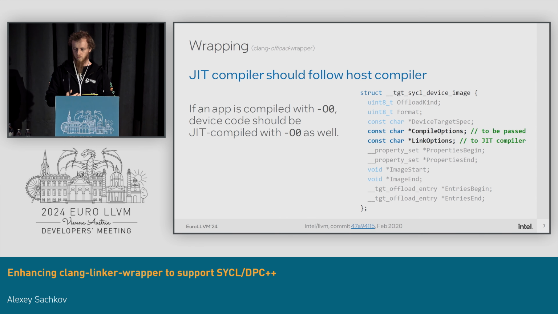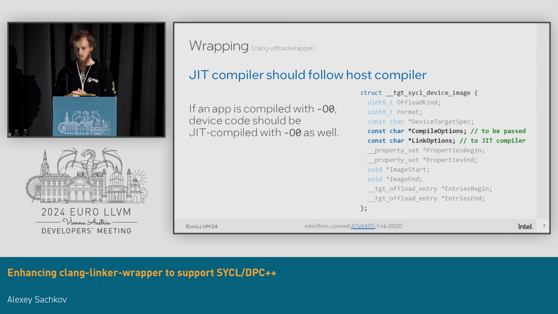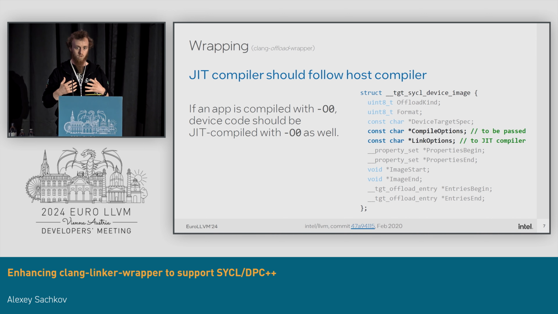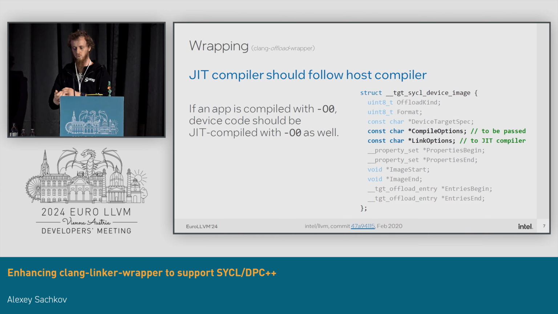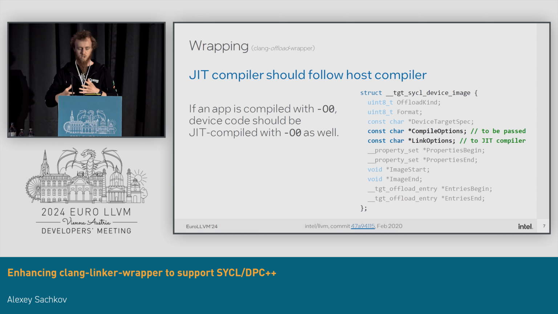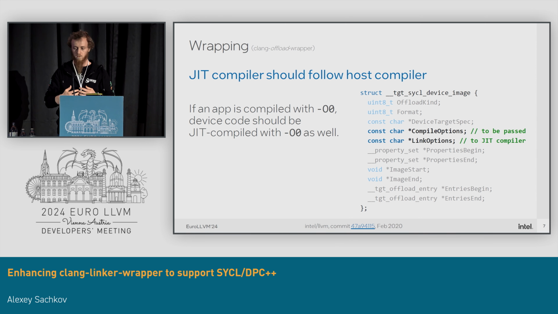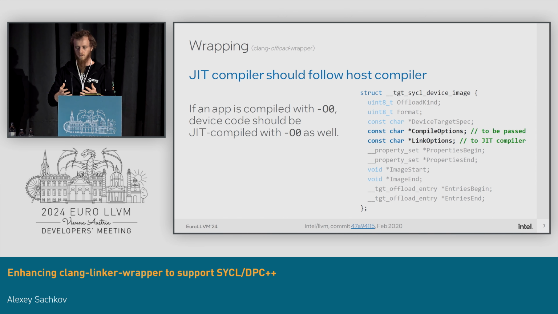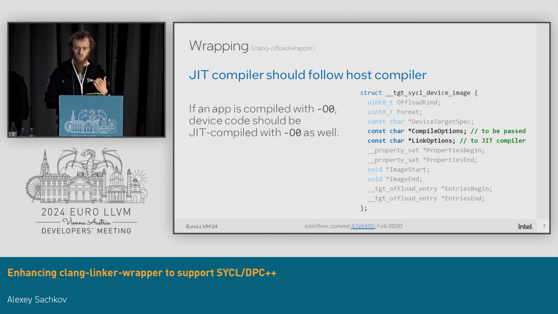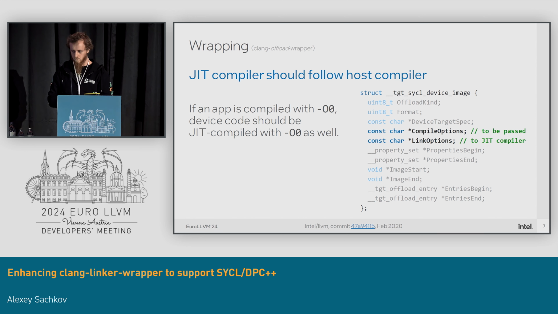One more thing which may be of interest is that we record compile and link options which were used for the host application. So when we do JIT compilation, we can adjust the JIT compiler so its behavior matches, for example in optimization levels, how the host application was built.